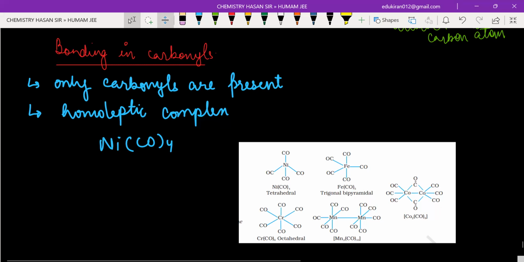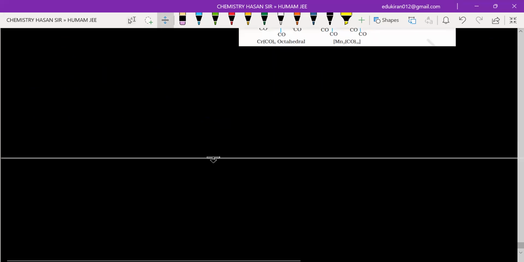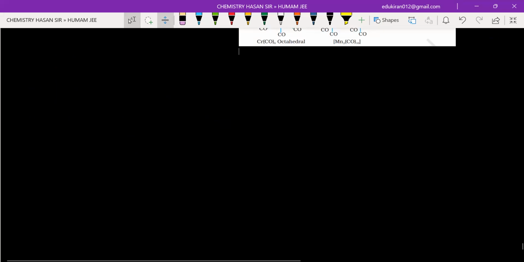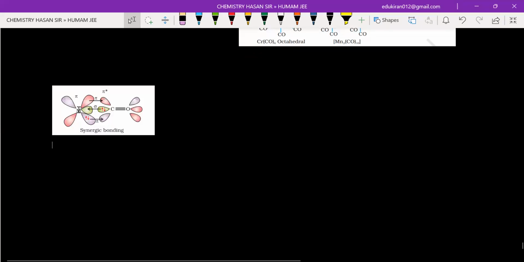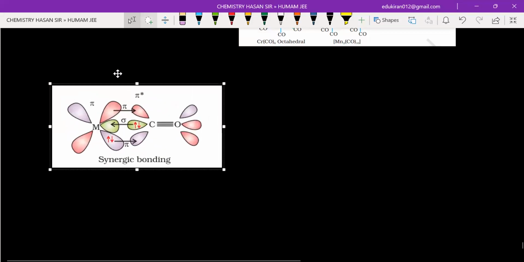Okay. So this is your bonding in carbonyl compounds in which synergic bond forms. What is synergic bond? So I will explain. This is your synergic bond. This is your CO, which is having triple bond. I'm going to write some points and then I will explain.